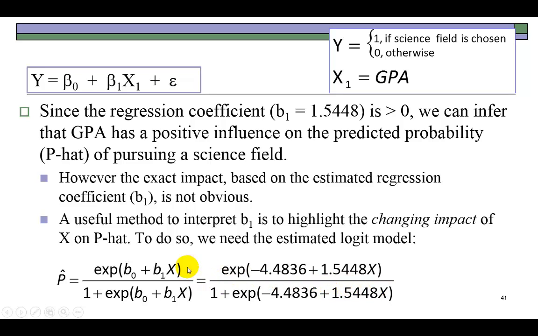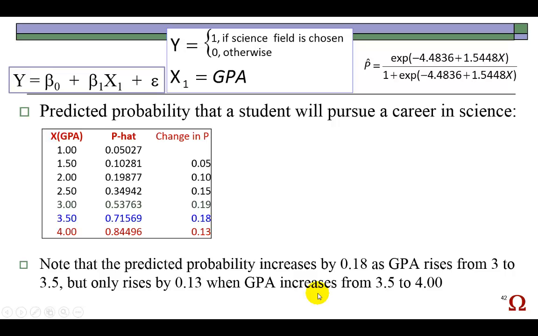So with this, right, we've plugged in all the estimates that you see right here. And what I did is to go on spreadsheet and I calculated what p hat would be for different GPAs. And as you can see here, surely as GPA rises, the likelihood that a student will choose the science field also increases.